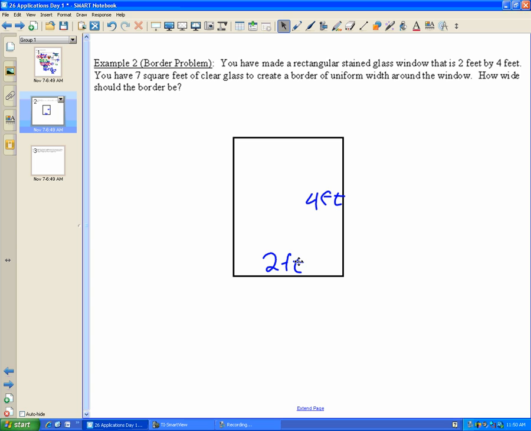You have 7 square feet of clear glass to create a border of uniform width around the window. How wide should the border be?